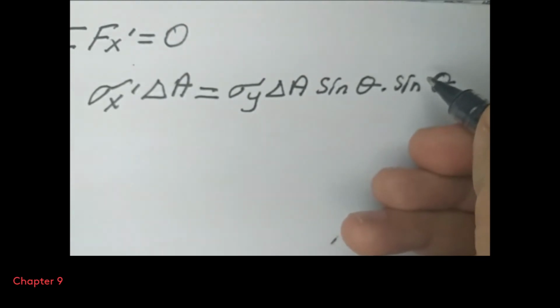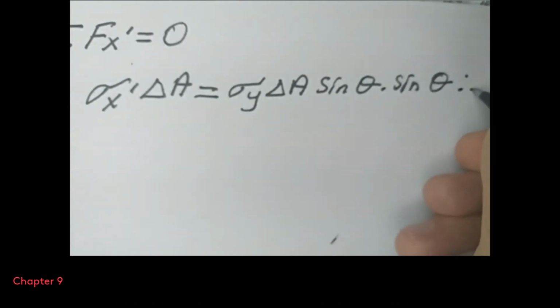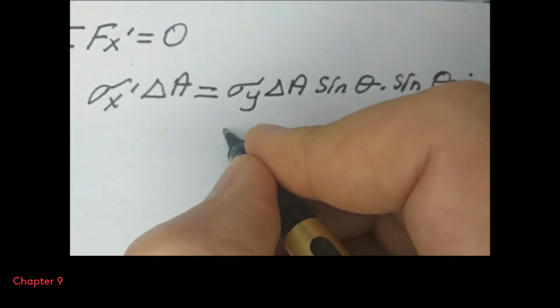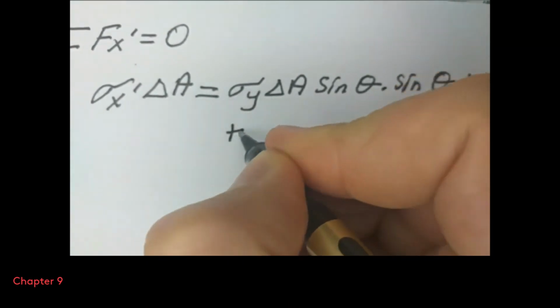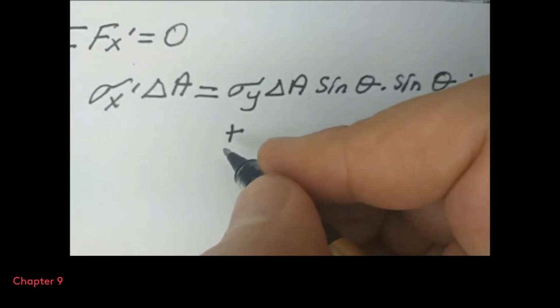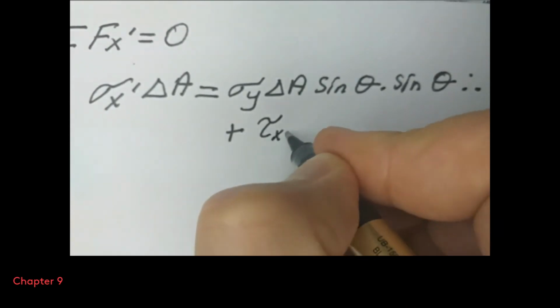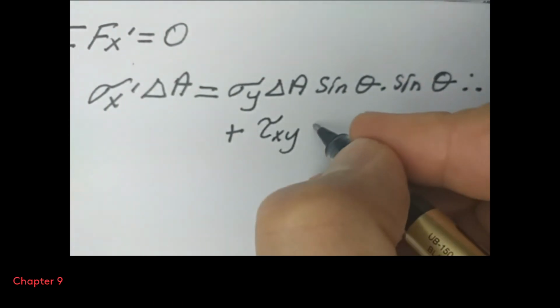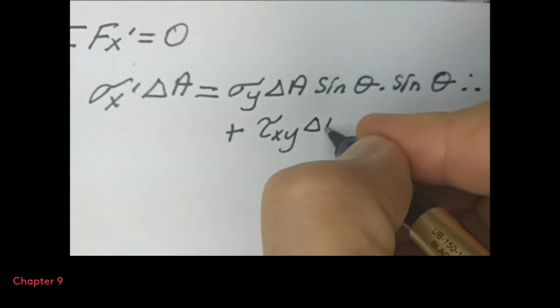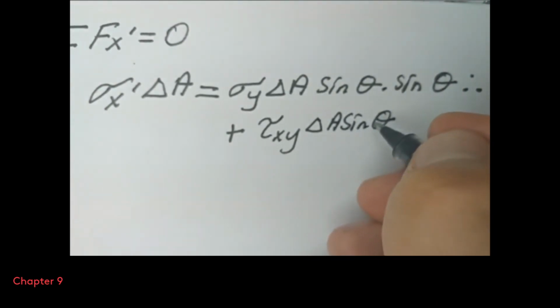Now we have the shear force on that surface. Certainly the shear force generated by the shear stress is tau xy delta A multiplied by sine theta and its projection onto the x prime axis is cosine theta.